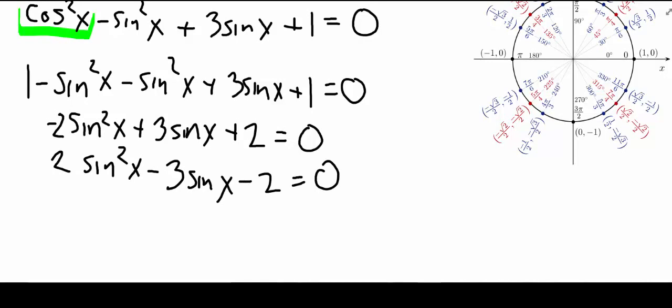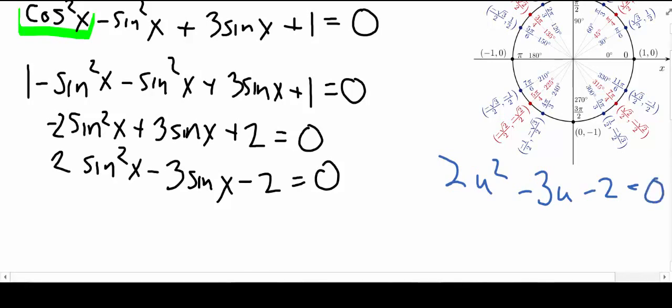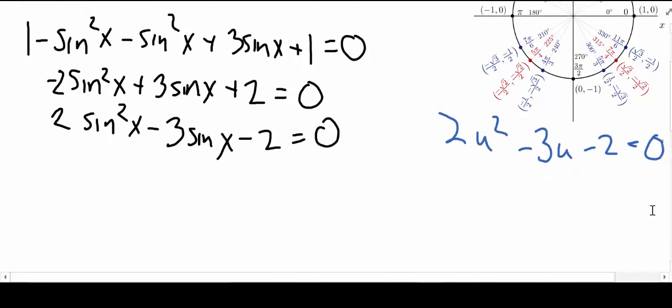And if instead I had something like 2u squared minus 3u minus 2 equals 0, well, you could use the quadratic equation or factoring and you would be able to solve that. We're going to do exactly the same thing here with sine.